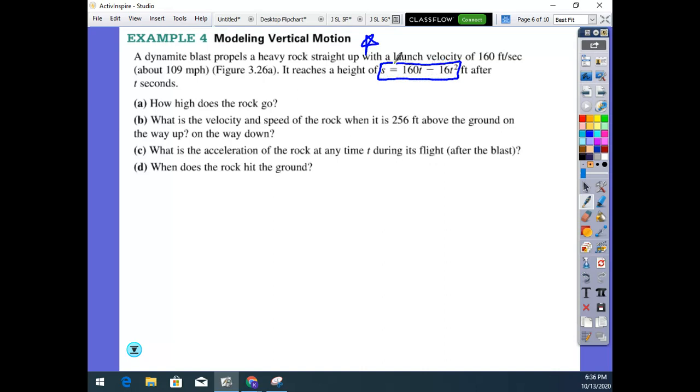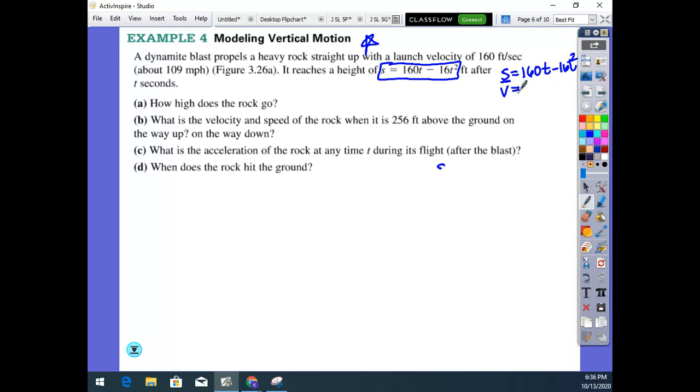Anytime they give you an S function, and I'm going to tell you right now, I did not give you nearly enough room. You're going to need every single little space possible, so maybe go on the far right in that open little area up here. We're going to find S, V, A. S is my position, where I'm at the moment.